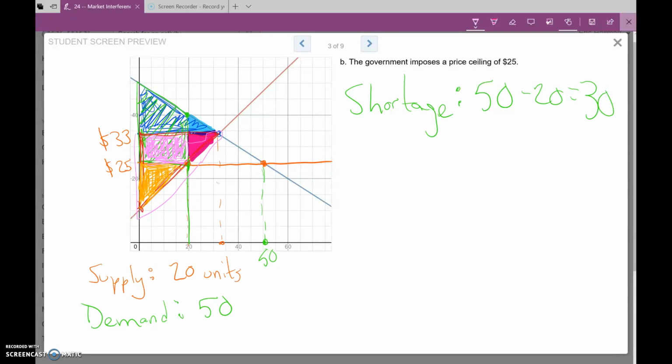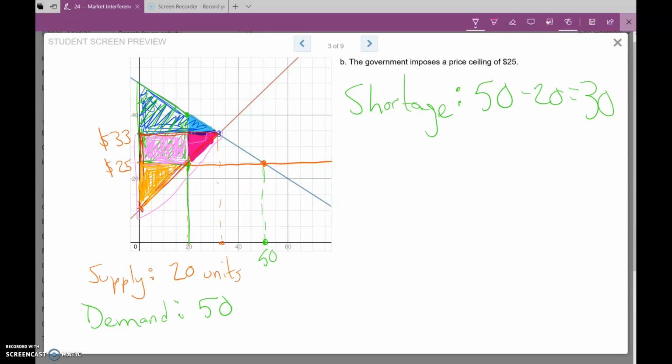However, when we look at the economy as a whole, it doesn't really matter whether the producers have the surplus or the consumers have the surplus. As long as somebody is receiving it, then on net, when we look at the entire economy, there haven't been any losses. So while this change transferred more surplus to consumers, that's not necessarily bad or good. That surplus just changed hands.